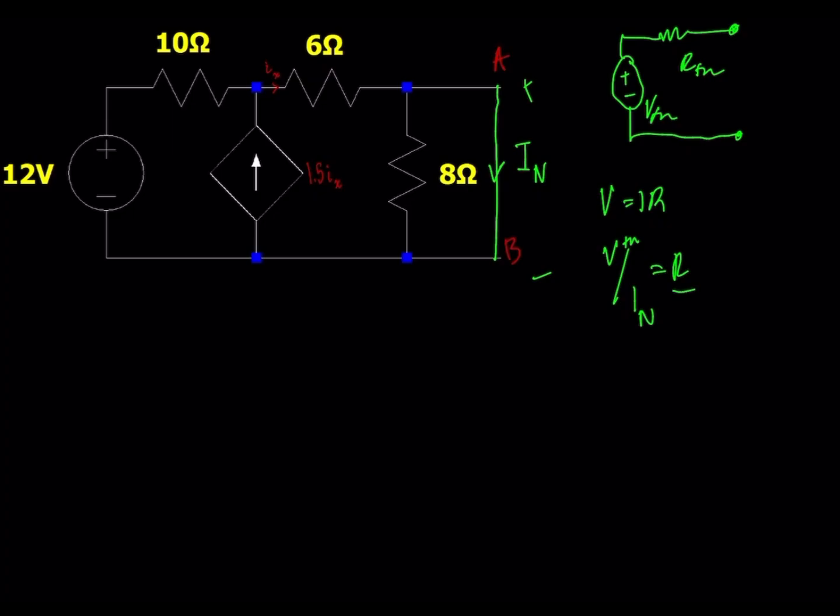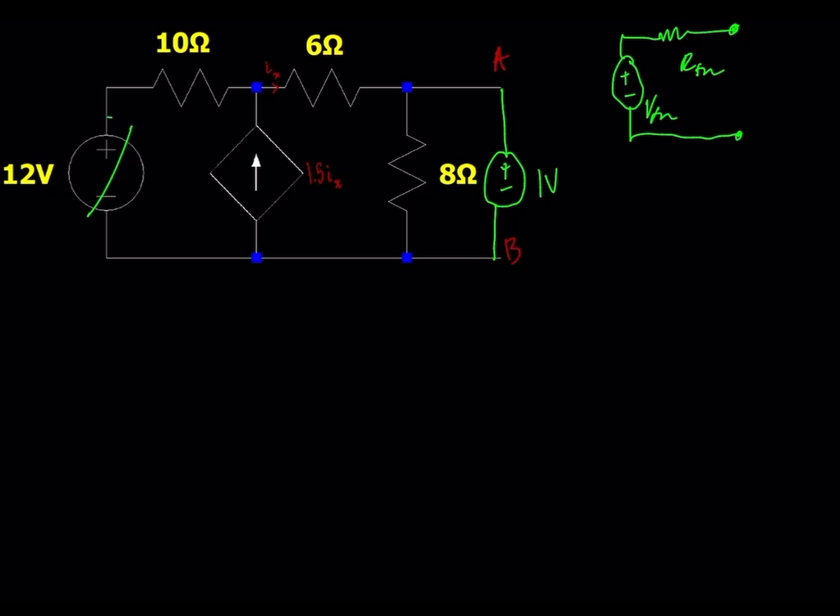Alternatively, and this is a new method here, we can use what's called the test source method, where you insert a test source. It can be of arbitrary value, but typically you use a 1 volt source, so all the computations are easy because you're multiplying and dividing by a unit. And you would deactivate your independent sources. In this case, your 12 volt source here would be shorted.